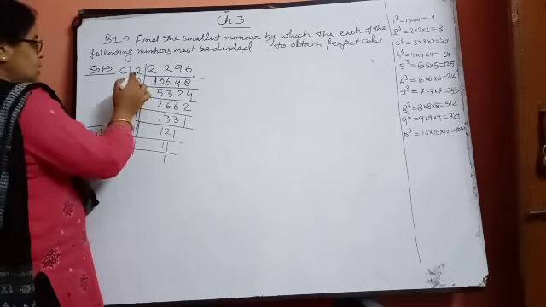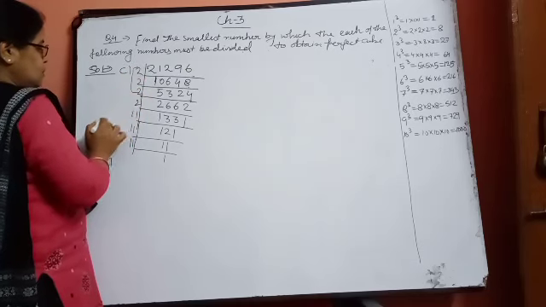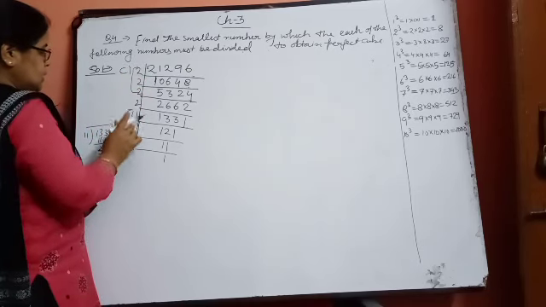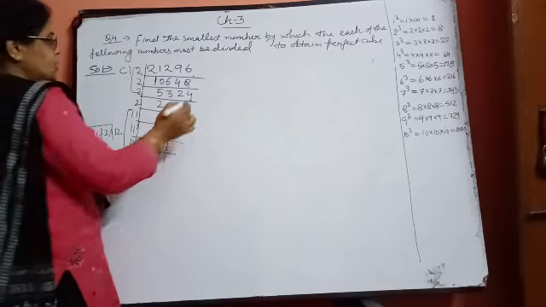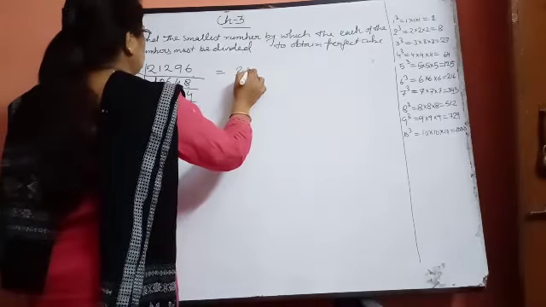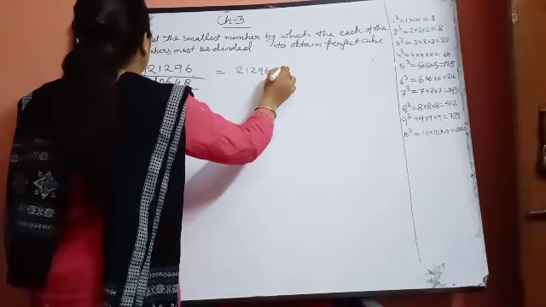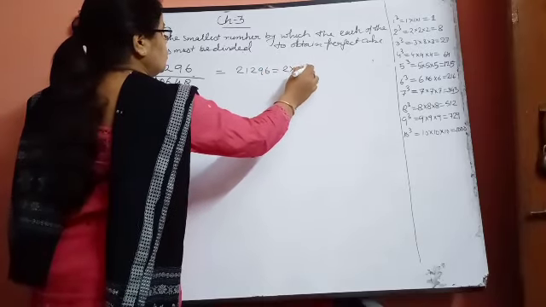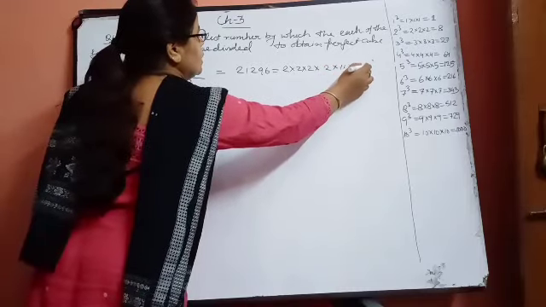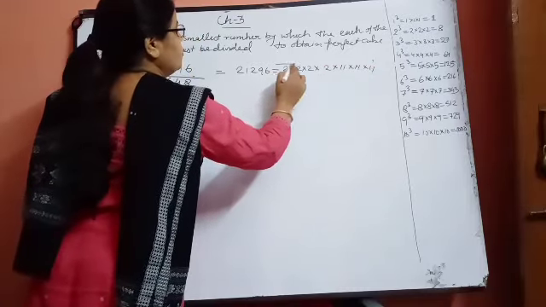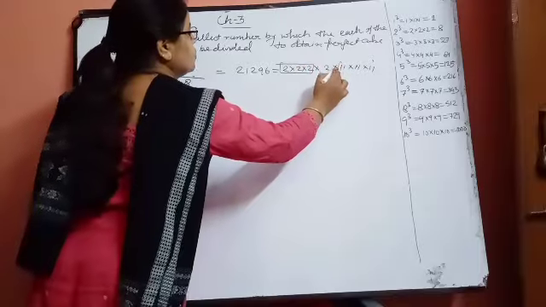So you can see that these are in a group of 3 factors. Which one is extra? This 2 is extra, so this 2 should be removed from its prime factorization. So how will you write? 21296 is equal to 2 into 2 into 2 into 2 into 11 into 11 into 11. Make them in a group of 3 in this way.